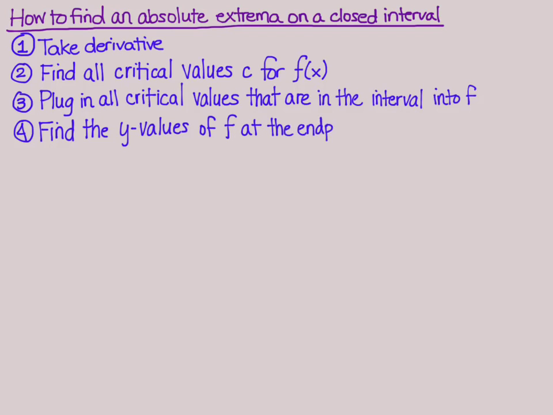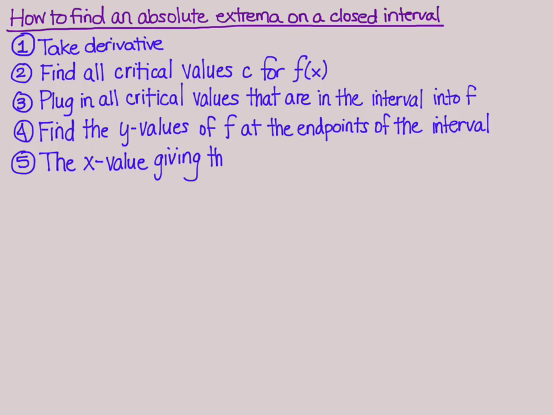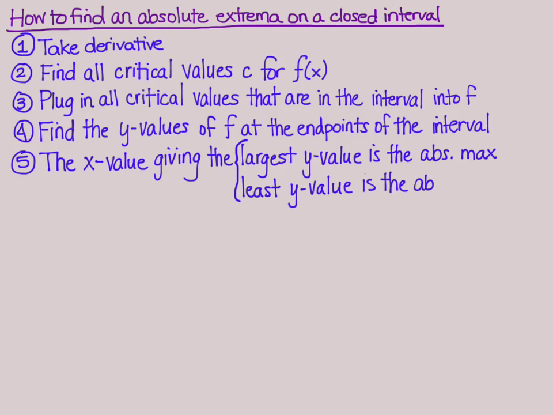We also need to test the endpoints to find absolute extrema, so step 4 is to find the y values of f at the endpoints. Step 5 then says that the largest y value will give us the x value that has the absolute max, and the least y value will give us the x value that gives us the absolute min.